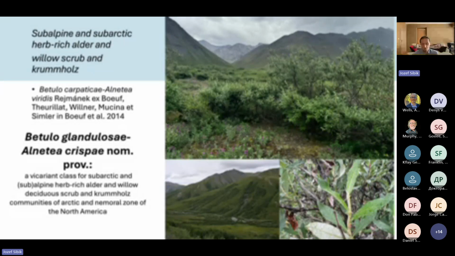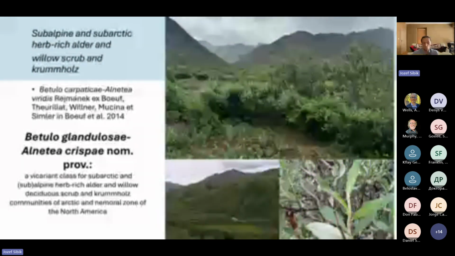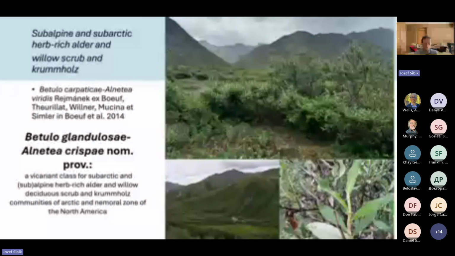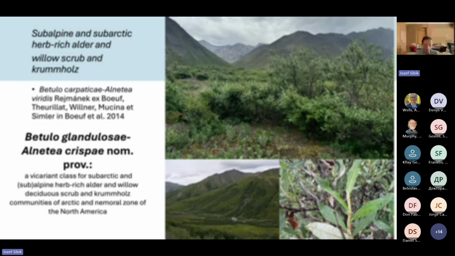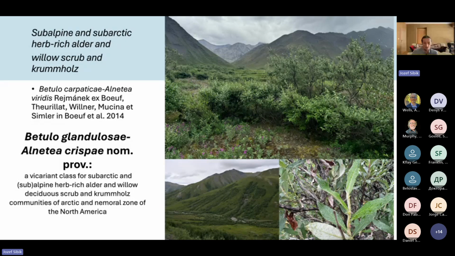However, there are very distinct floristic differences, even if the ecology can be similar. And there is a proposal that maybe in a meaningful system, this can be described as a new vicariant class for North American krummholz vegetation in Arctic and in alpine or subalpine areas. We suggested this nomen provisorium, Betulo glandulosae-Alnetea crispae, as a vicariant class for subarctic and subalpine herb-rich alder and willow deciduous scrub and krummholz.